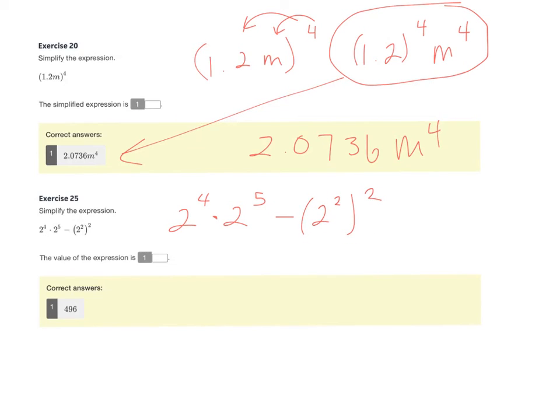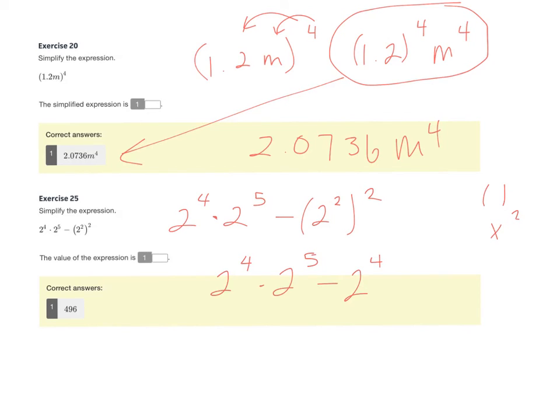When we have an exponent that's raised to a power, we're going to multiply them. So this would become 2 to the fourth times 2 to the fifth, now minus 2 to the fourth. Okay? Order of operations, so we're done with parentheses. Now we have exponents. We're going to leave it in exponent form for just a second.